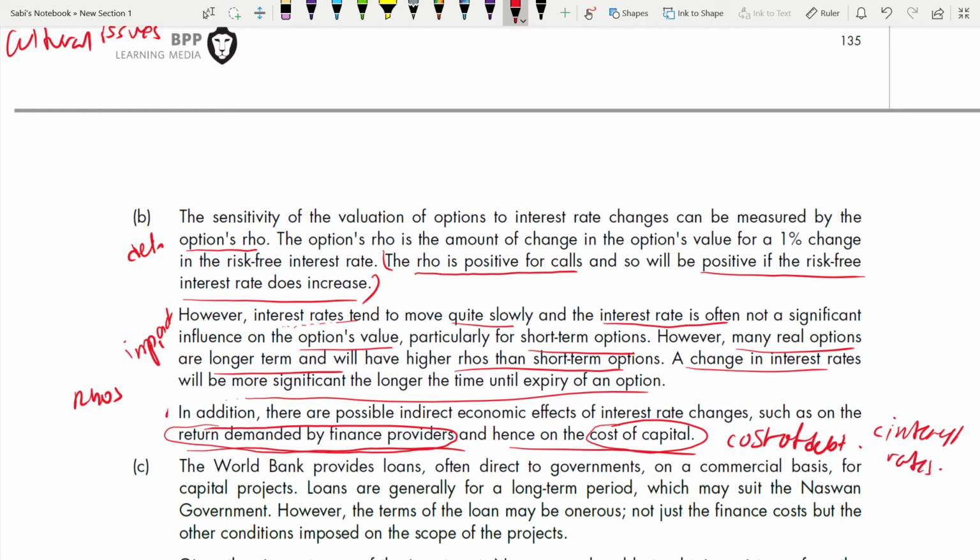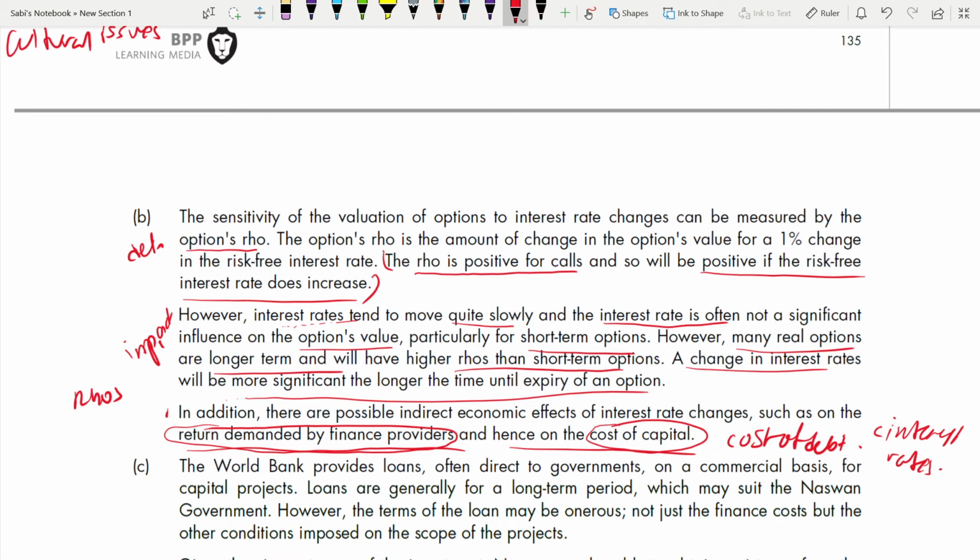Because based on that interest rate, higher interest rate means higher tax will be saved. That means lower will be your cost of debt. That means cost of capital will reduce. But if your interest rate reduces, tax will not be saved so much. So your cost of debt will be higher, cost of capital also will be higher.